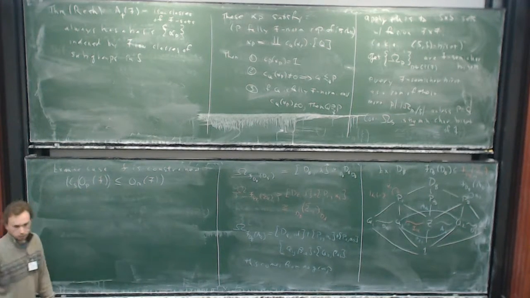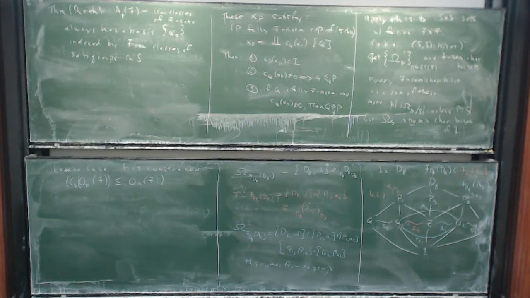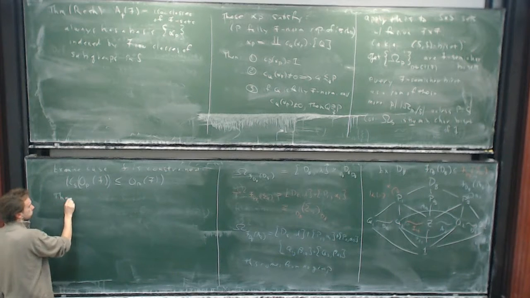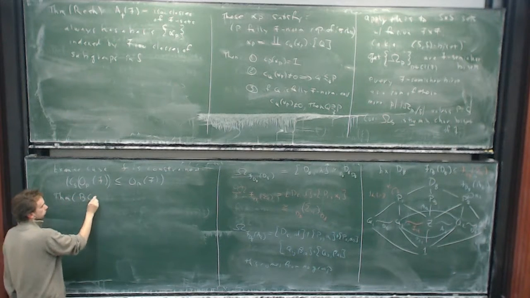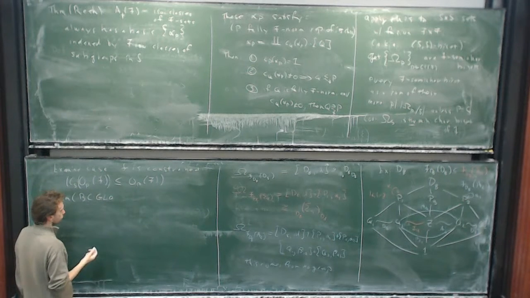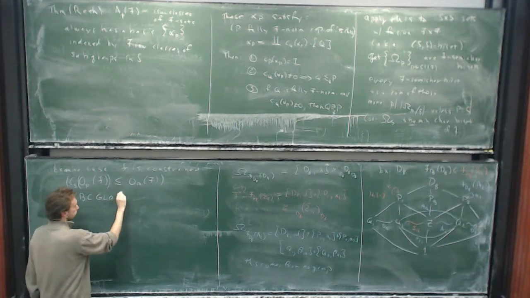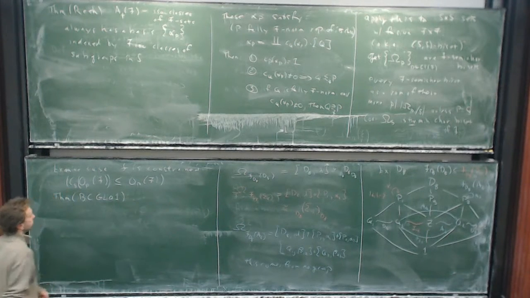This is what it means to be a constrained fusion system. So the theorem, BCGLO, I think 1 maybe, 1 or 2.